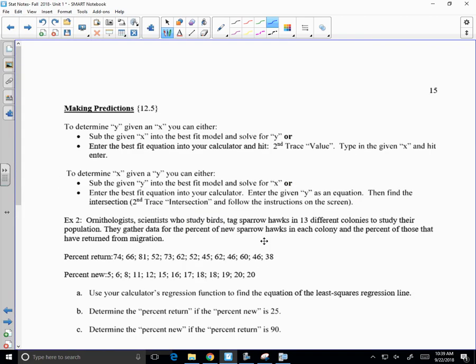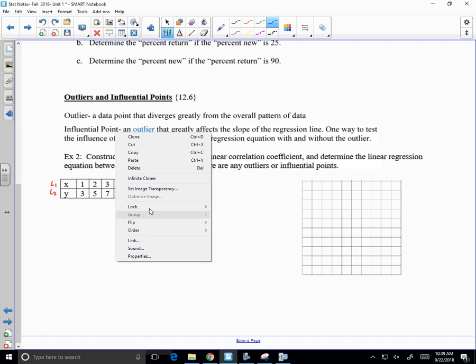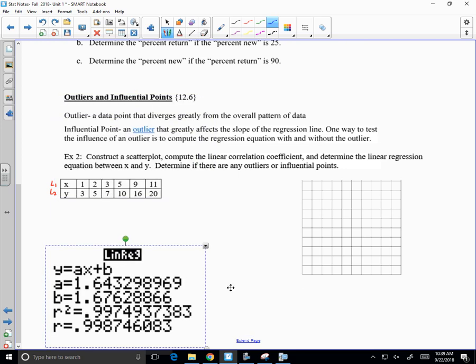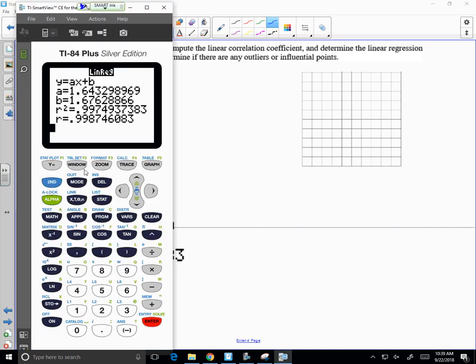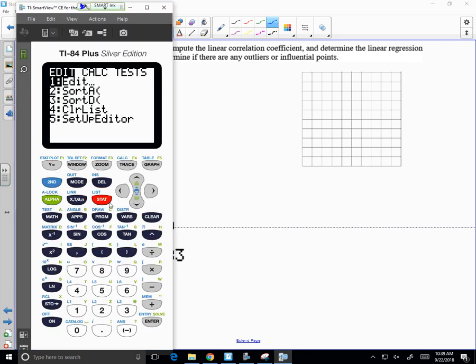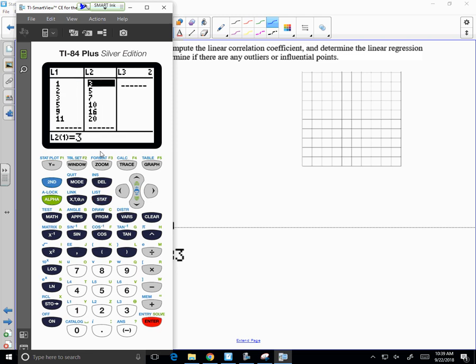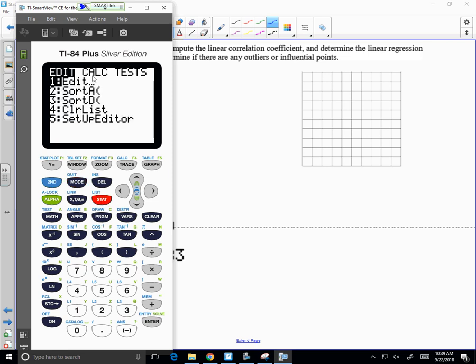All right, so let me just pop that in over here, though. So you type your data in L1 and L2. Quit out of there. I always quit out, or at least I always intend to. Stat, over to calc, option 4, lin reg AX plus B. Default settings are L1 and L2.